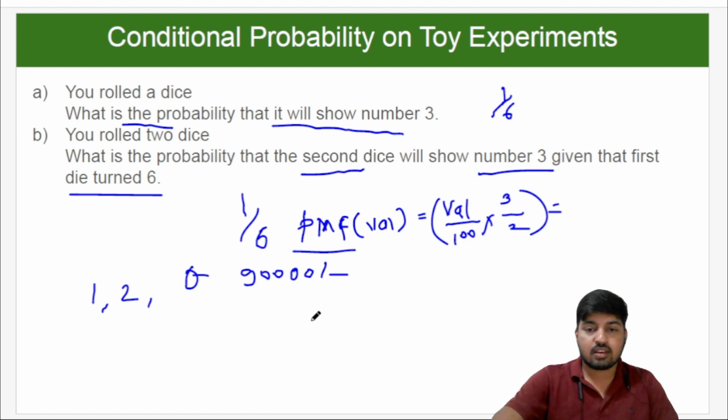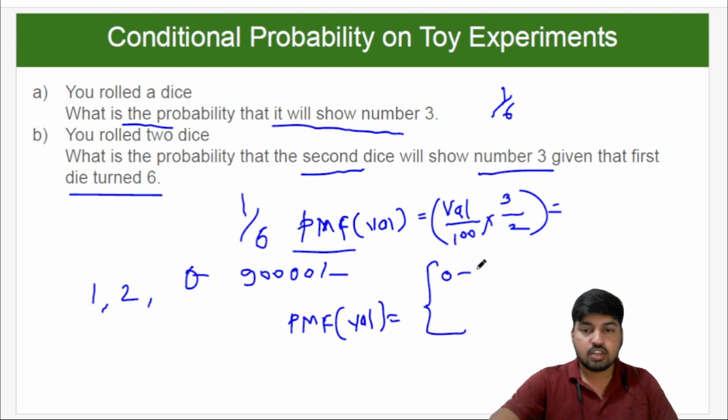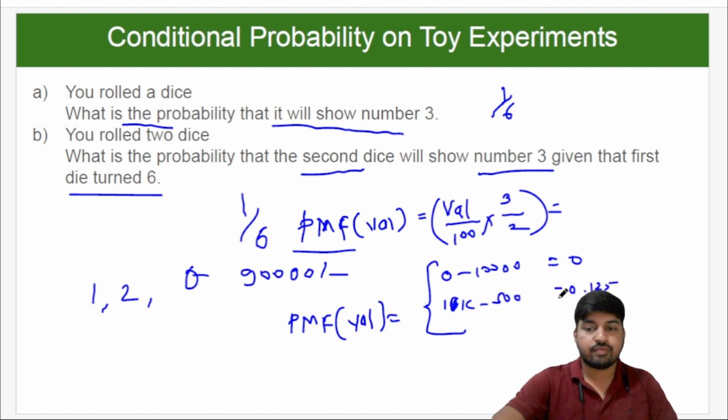Suppose PMF of value is defined with this big bracket. From 0 to 10,000, it is 0. From 10k to 50k, it is 0.125.